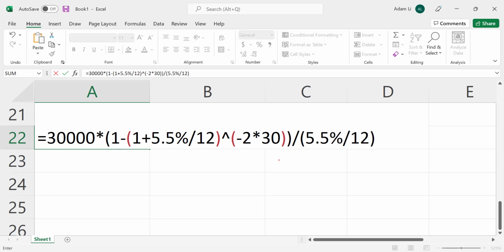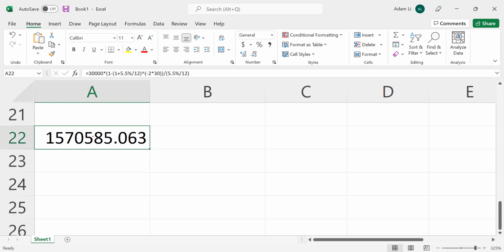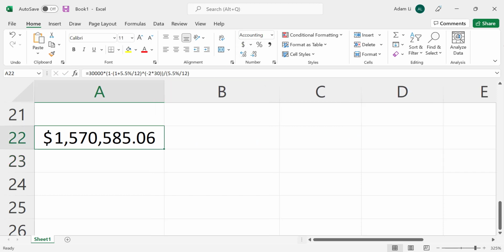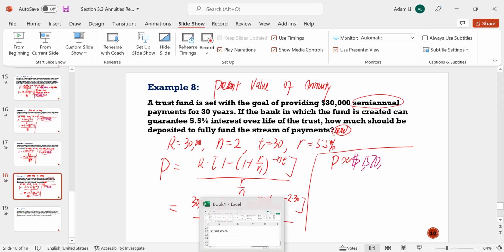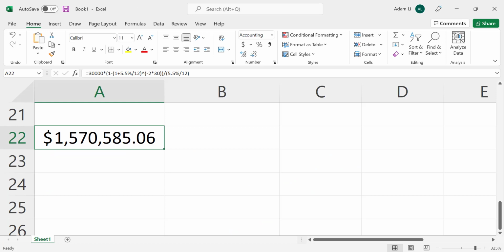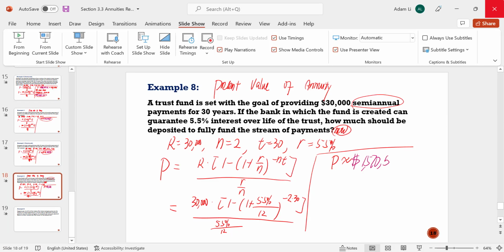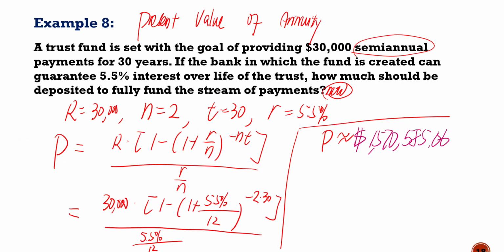Let's do it. It turned out you need to put in $1,570,585.06 to fully fund this trust fund.